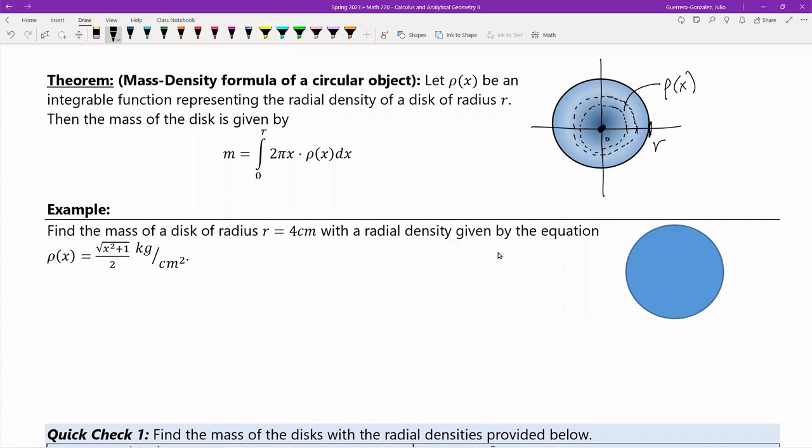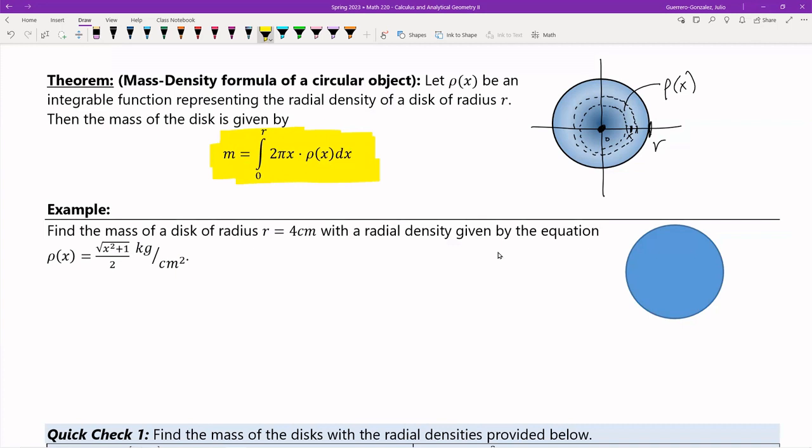The density of that little ring is defined by some rho of x, and you have to go out an x amount. So to find the mass of a disk that has a radial density, we use the exact same equation. It's derived the same way.